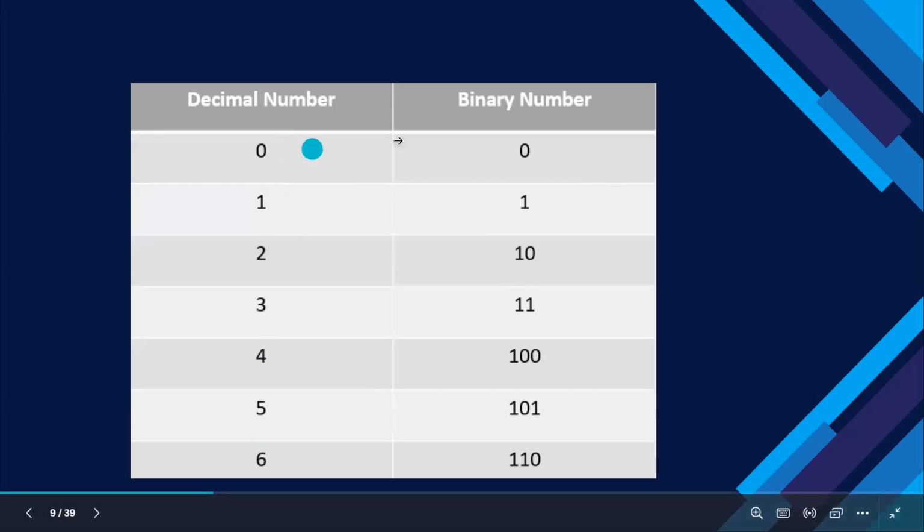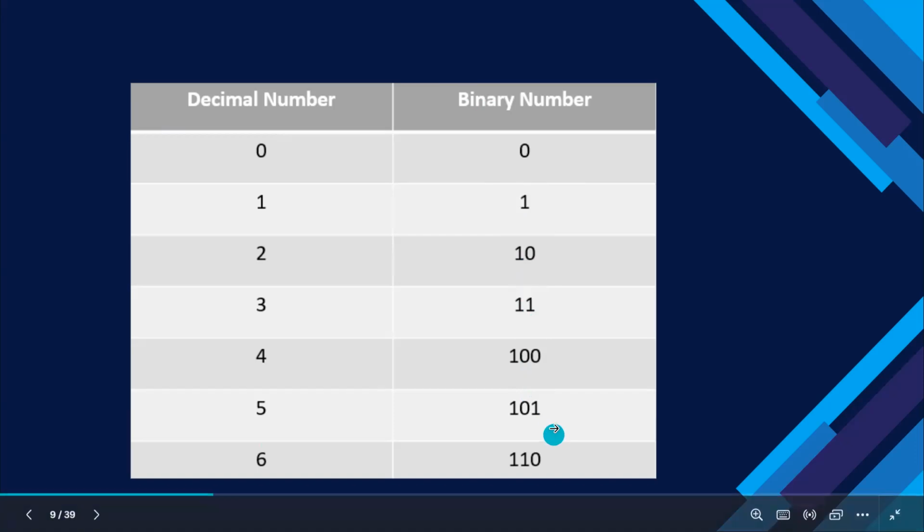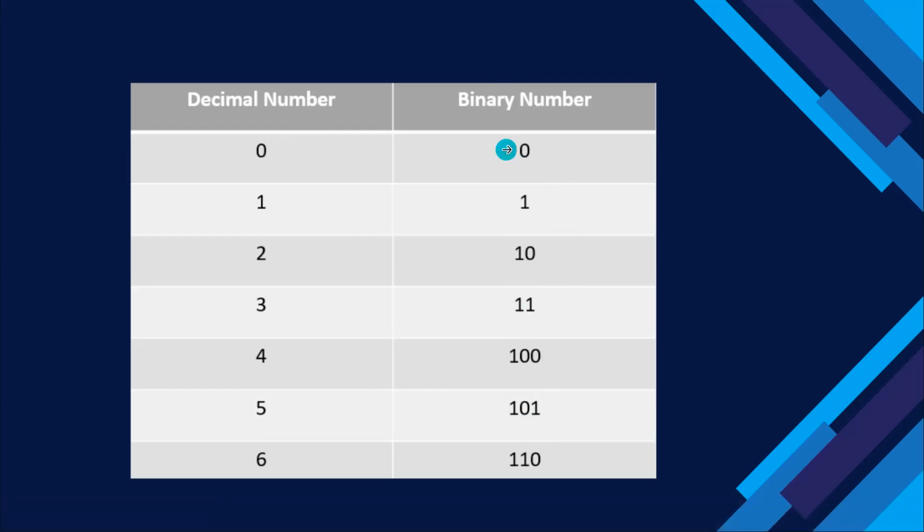So in the same way, the digits that appear in the binary number system, 0 and 1, their order is also fixed. And the binary numbers also have a particular order, and this order is also fixed. Like 0 will always be the first binary number, then comes 1, then comes 1, 0, then comes 1, 1. Then 1, 0, 0, 1, 0, 1, and 1, 1, 0, and so on.